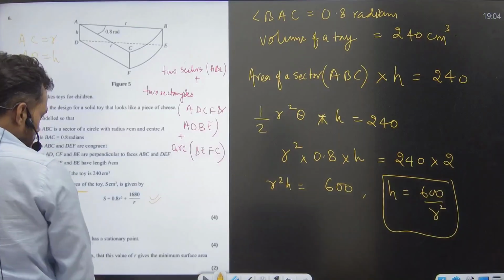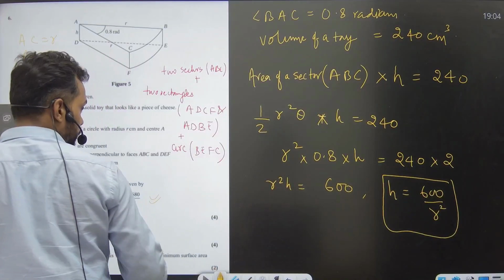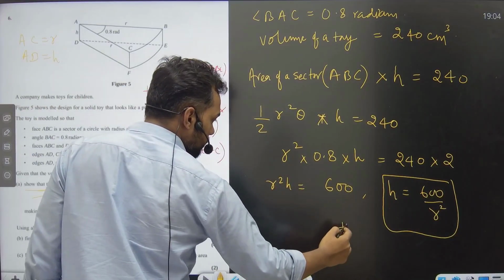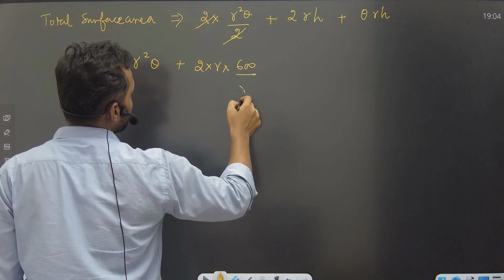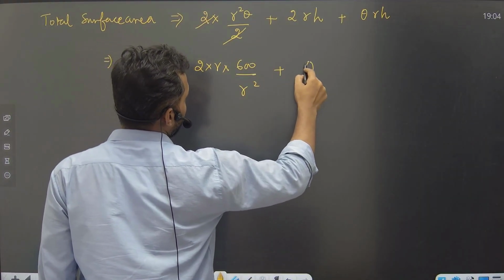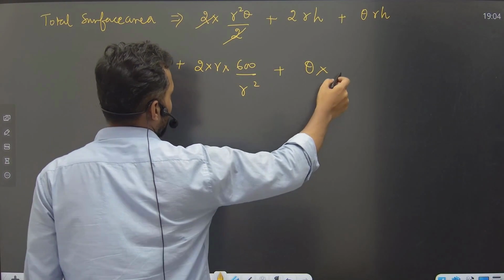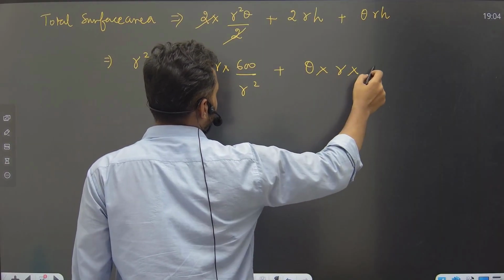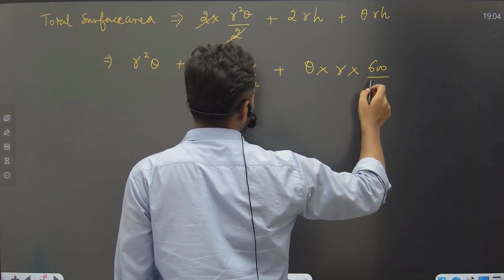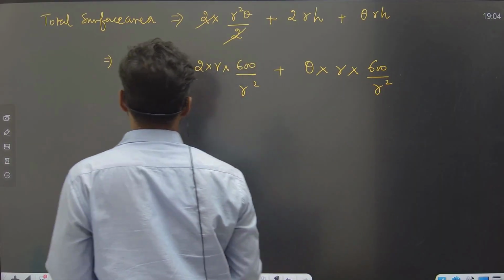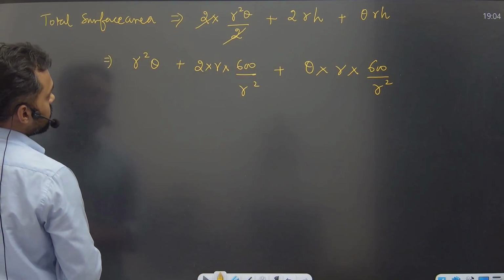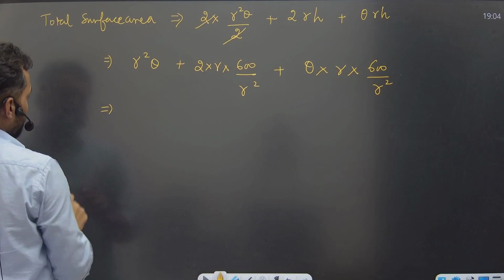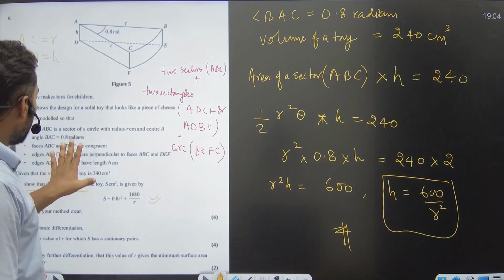Now instead of h, we will be plugging in the value of h from this particular part. So what we will get? 600 by r square plus theta into r into h. r is again r, and h, again plug in h equals 600 by r square. What is theta here?